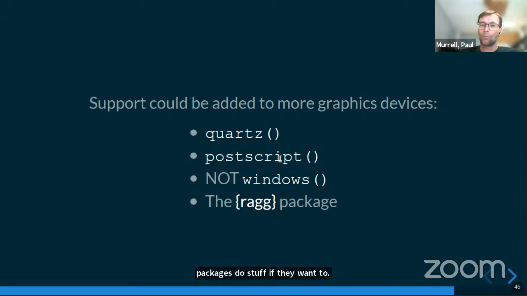PostScript is one within R that R provides itself that could be updated. The Quartz device on Mac OS is another important one that would be good to do. Now, this is actually one area where people could contribute if they have the required skills.